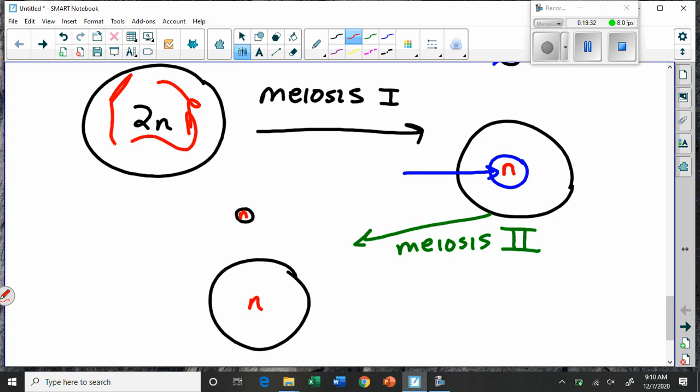So instead of making four, there are four, but there's really only one that ends up being an egg, and the rest end up being polar bodies, right? And then this one, of course, moves on to fertilization and becomes the zygote when a little sperm attaches to it, 2N fertilization.